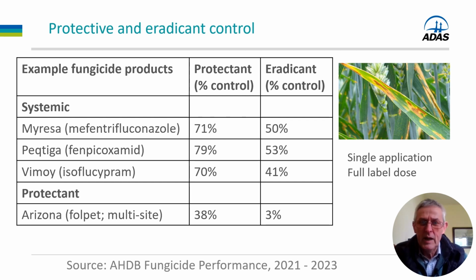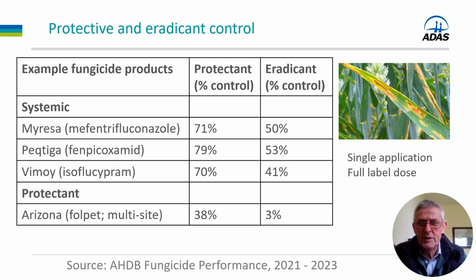And in every case, this is data from a very challenging situation with a single fungicide application, usually against quite severe disease pressure with a full label dose. And we can see that the level of protectant control that's obtained from these new products is really very effective despite that high disease pressure and difficult challenge.